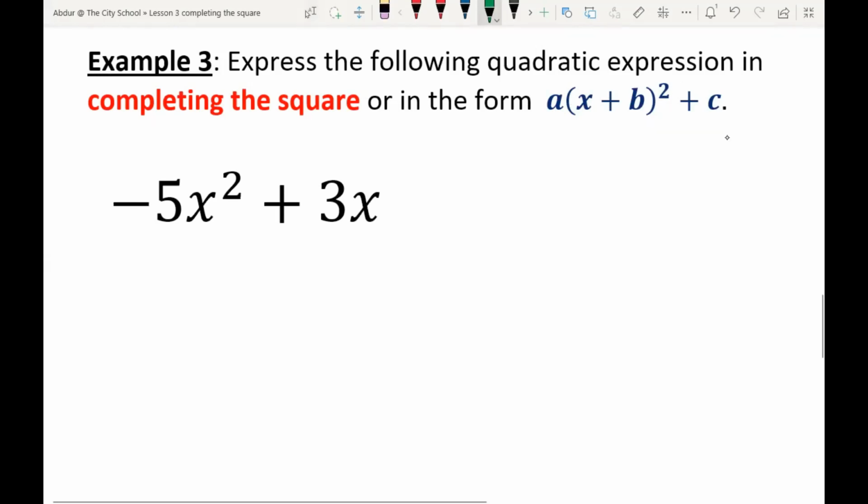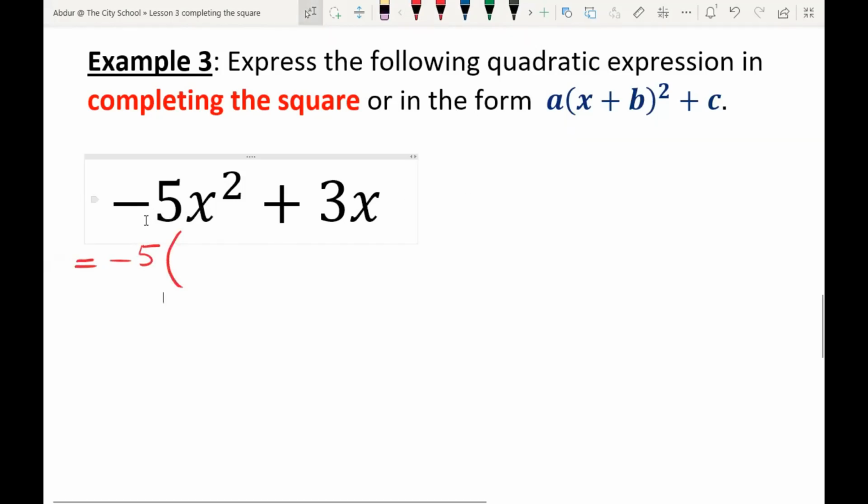But don't forget to write the first term with positive 1 coefficient; here the coefficient is negative 5. So I'm going to take negative 5 as common. After taking minus 5 as common, divide each term by minus 5.